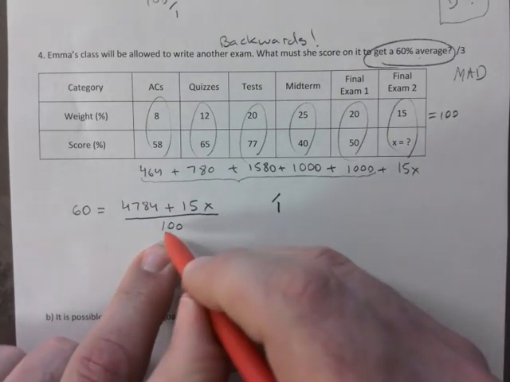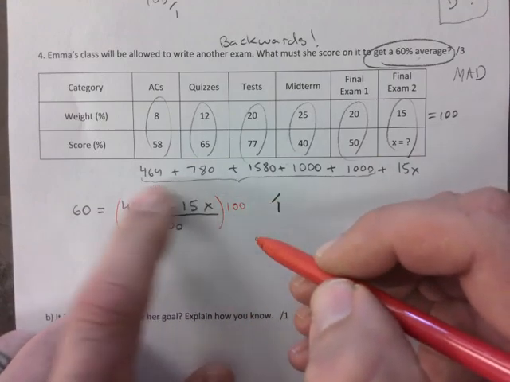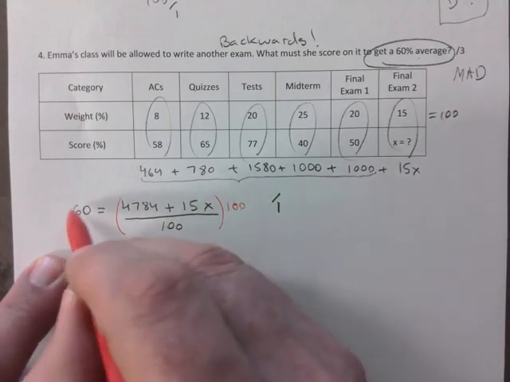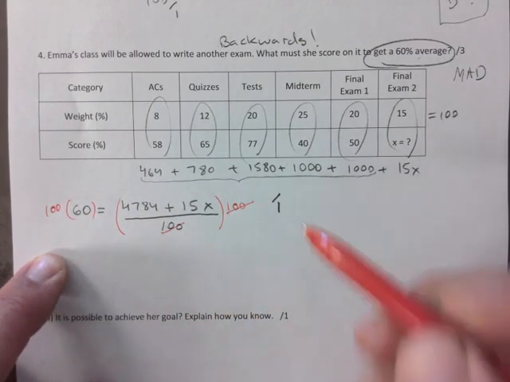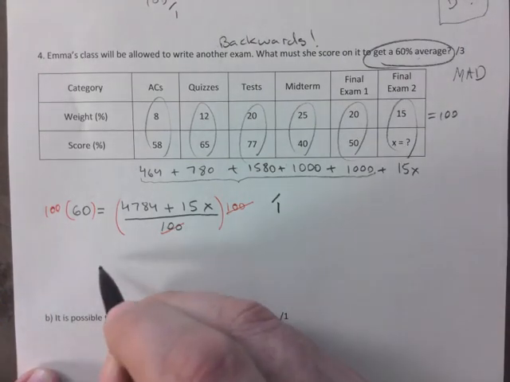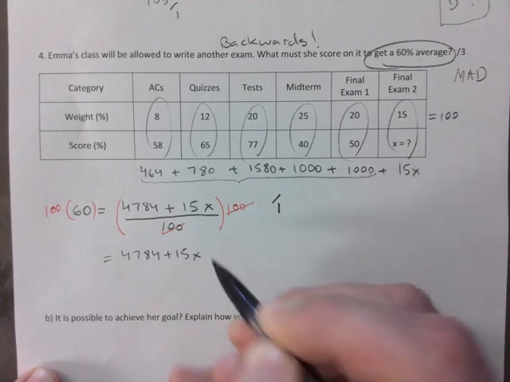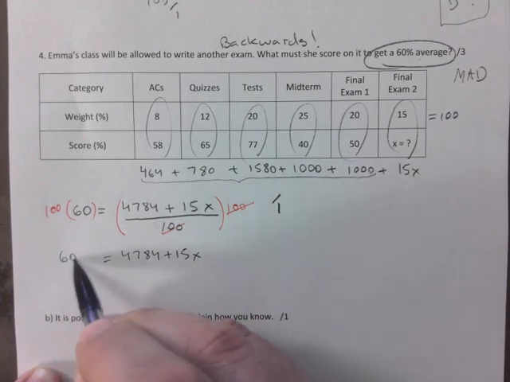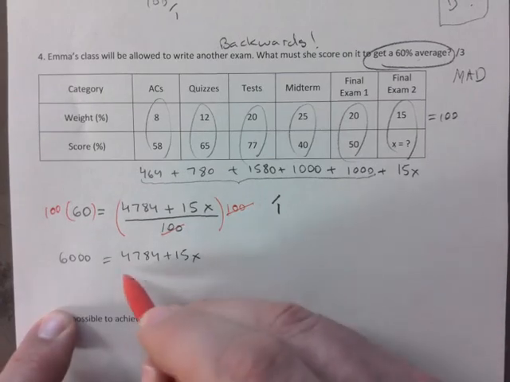So the first thing is get rid of the 100. Get rid of what's dividing the whole expression. So times it by 100, times it by 100, right? So you get to do this. That's the only reason that you're doing that. So you're left with 4784 plus 15x. And on this side, you're left with this. Okay. The next step is to subtract.